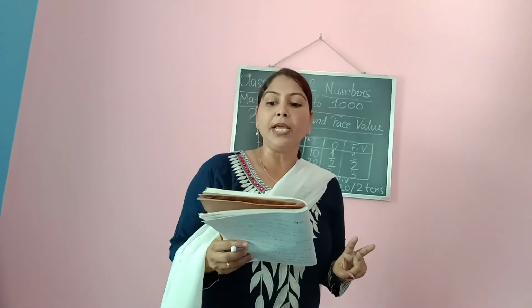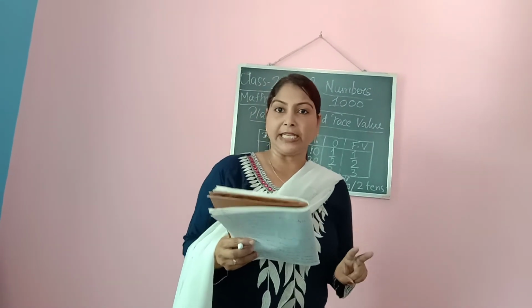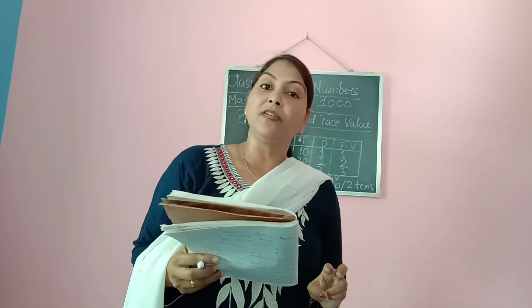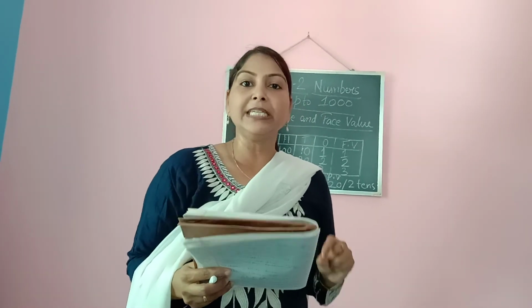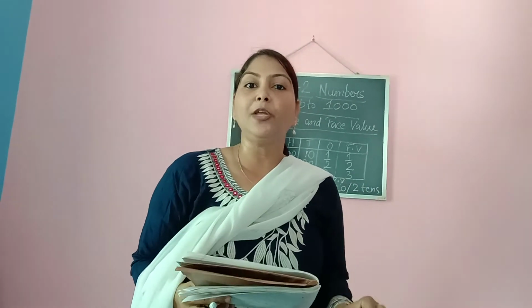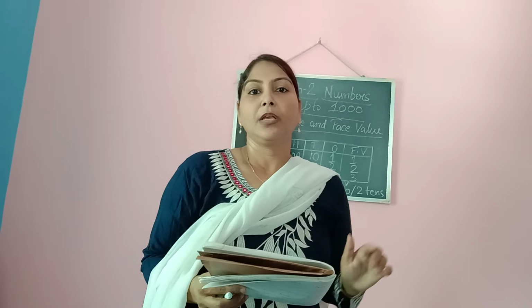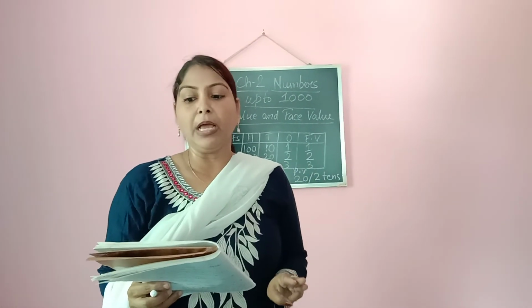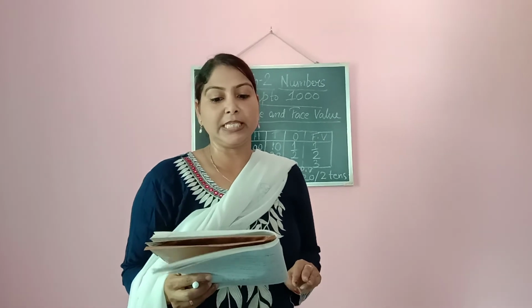Now in page number 26 you have one more exercise that you will also complete. It is related to the place value and face value. So you will complete page number 21, page number 22 and page number 26.